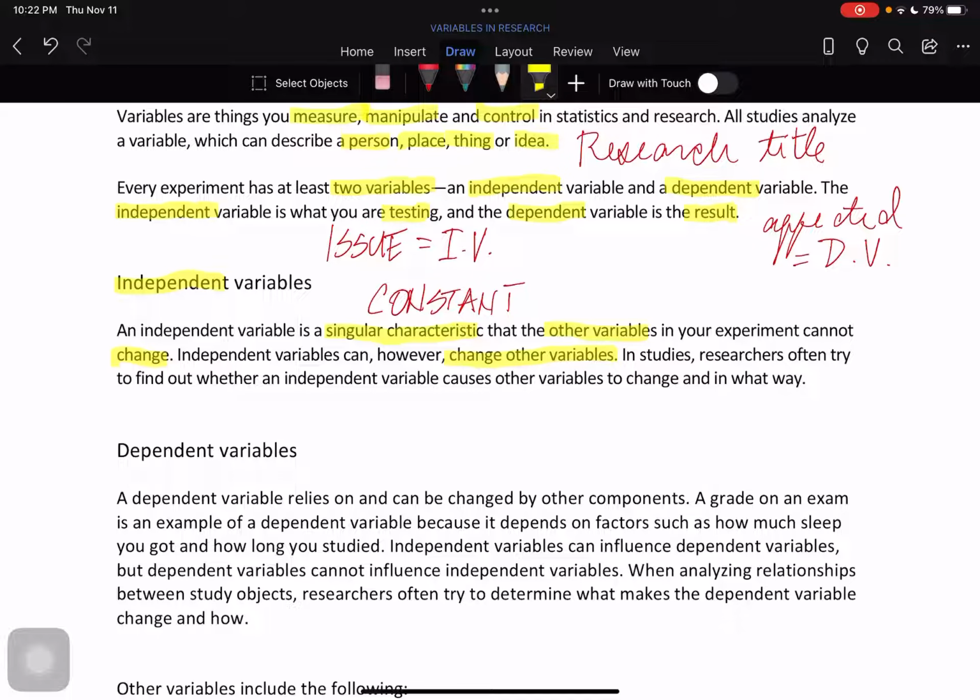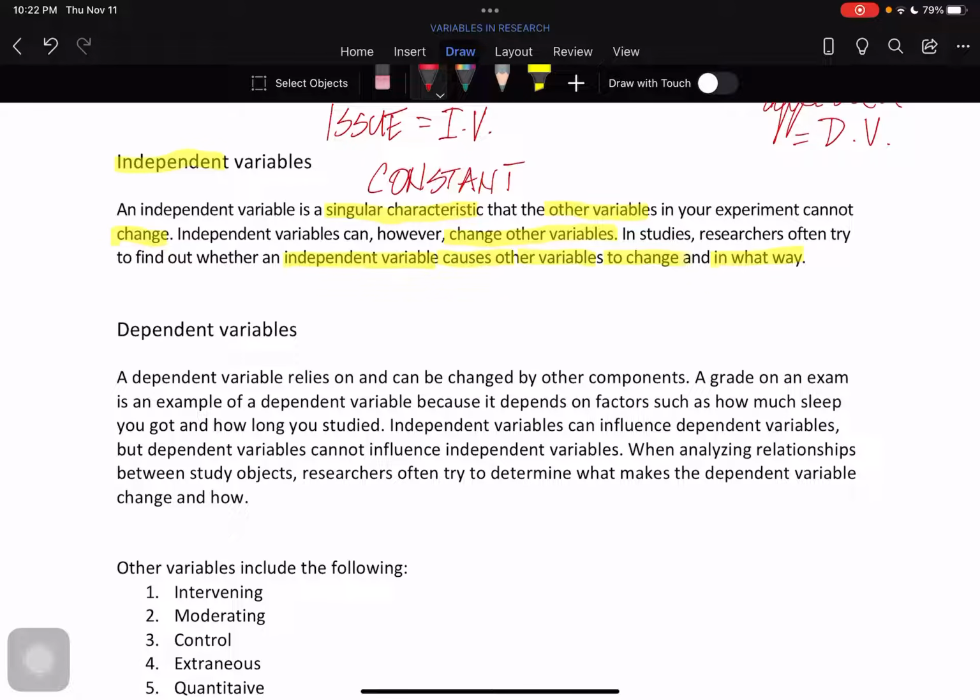In studies, researchers often try to find out whether an independent variable causes other variables like the dependent variable to change, and if it does cause it to change, in what way? In this last sentence, usually the research title that you will see with this statement starts with the term effects. The effects of the independent variable to the dependent variable.